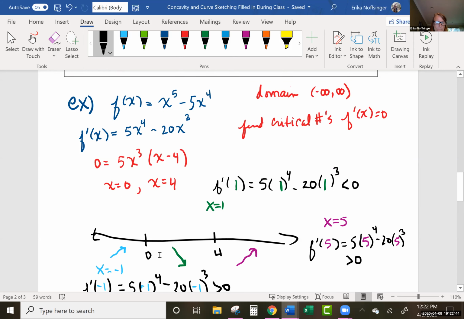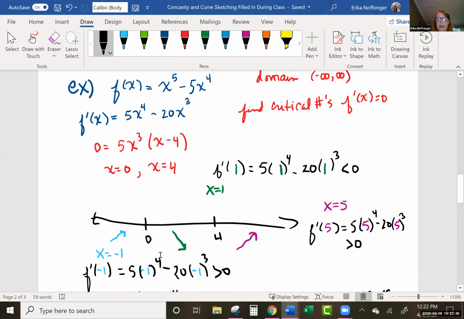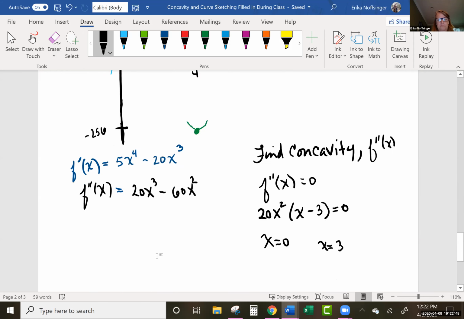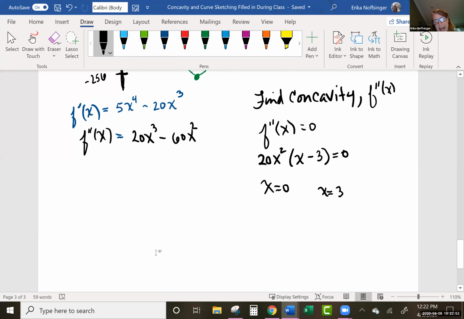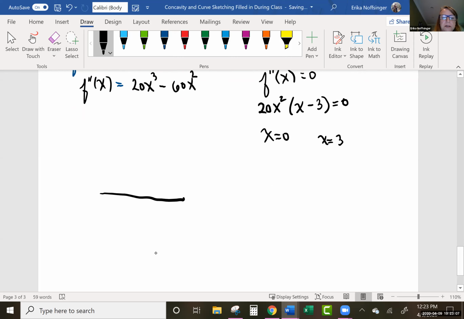Okay, let's just carry on. So I found that these are possibly inflection points. I would have to show what's going on each side. And so I have x equals 0, and I have x equals 3.